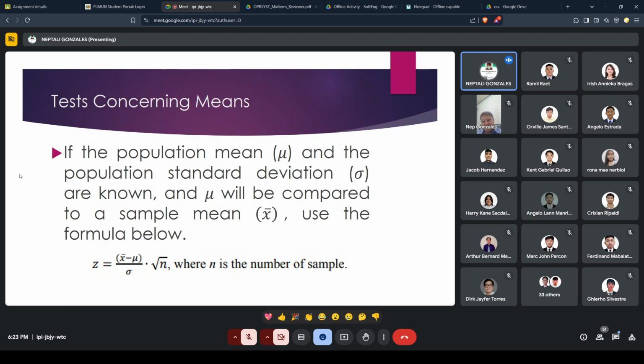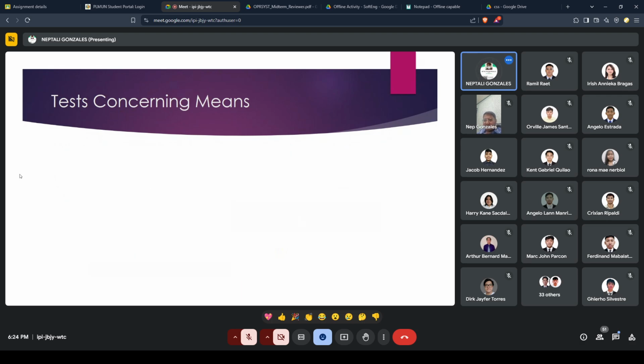Mukha lang mahirap tignan because of the notations, but actually this is only a skill of substituting the correct data given into the formula. Mukha lang siyang mahirap. Z is equal to x bar, sample mean, minus mu, population mean, divided by rho, or the population standard deviation, multiplied by the square root of n, where n is the number of samples.